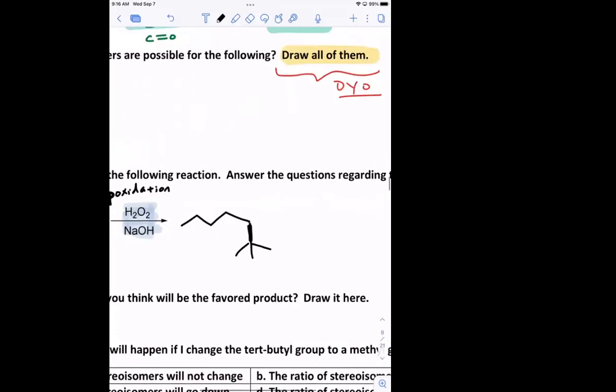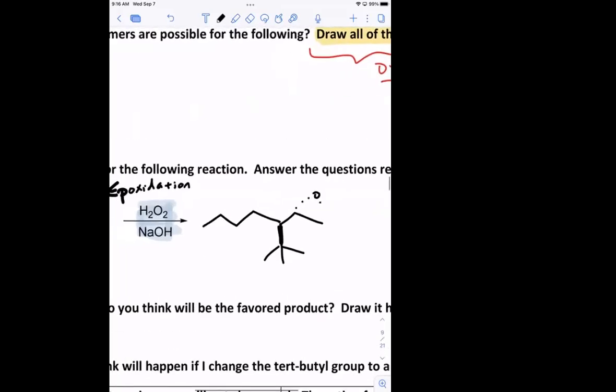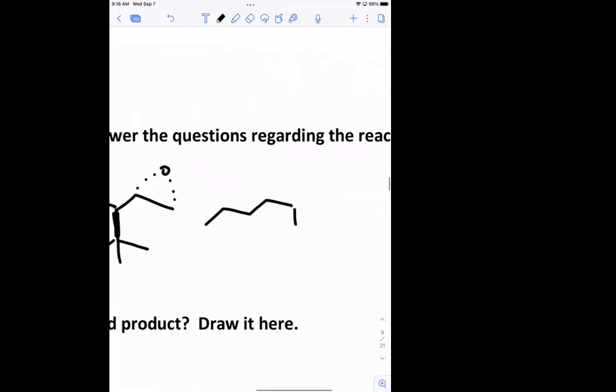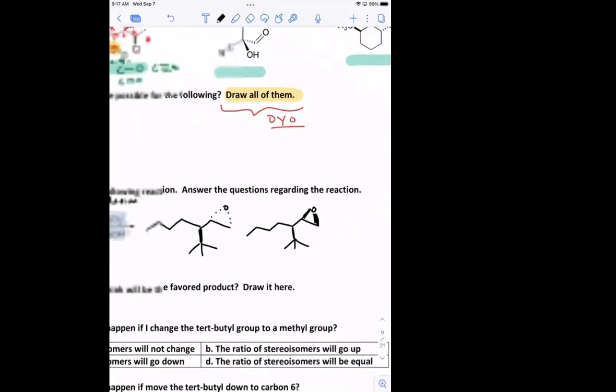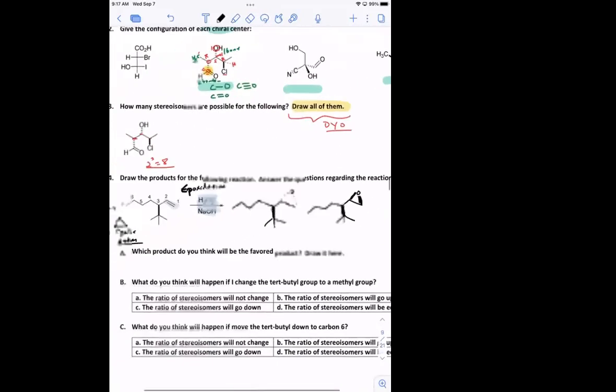I have a tert-butyl group here. Wouldn't I get this as one of my products, and this as the other one? I should get a mixture of stereoisomers because my starting material is chiral and my other reagent, the hydrogen peroxide, is not chiral. So I should get a mixture of stereoisomers that look like that.